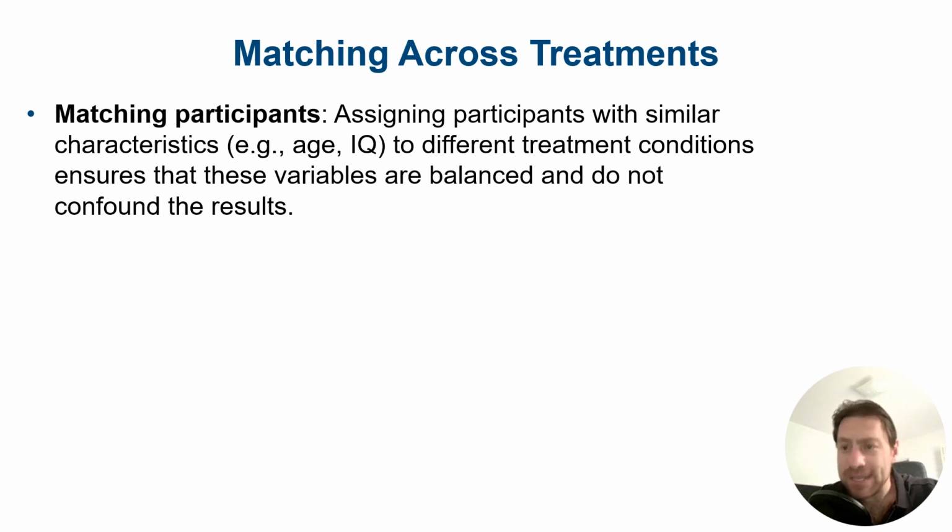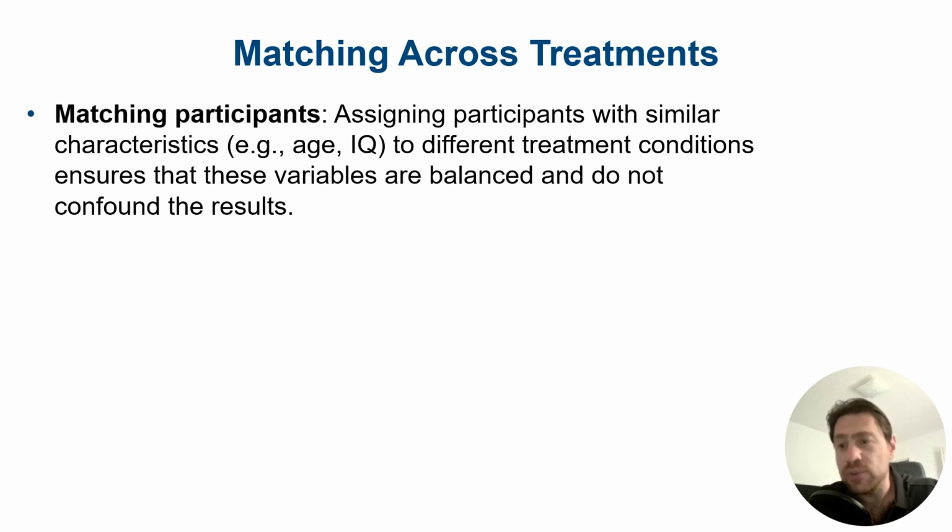So if we stick to age as the example, suppose condition A has 10 people between the ages of 18 and 24, and 10 people between the ages of 25 and 30, you want to make sure that condition B, your other condition, has the same breakdown, the same composition of ages. And so this allows for more variation within your treatment groups while avoiding those confounding differences between the treatment groups.